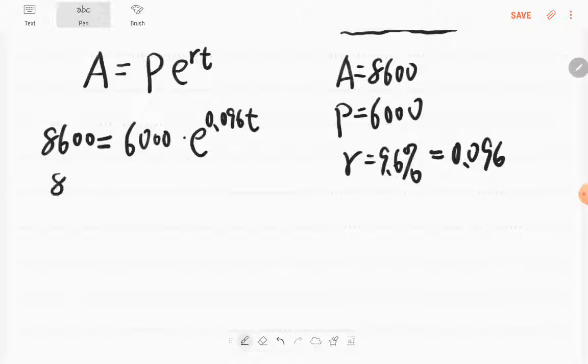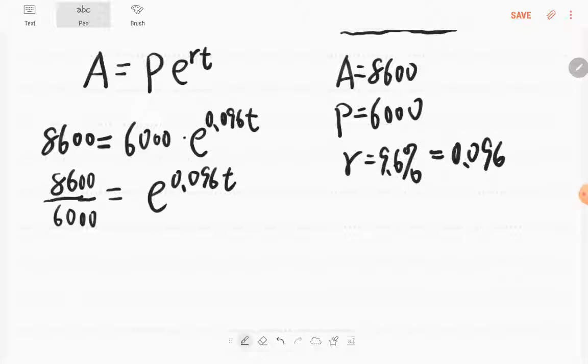So we simplify a little bit, right? This would be 86 divided by 60. Okay, if you want to keep the zeros, that's fine. So this would be equal to e to the 0.096 times t.